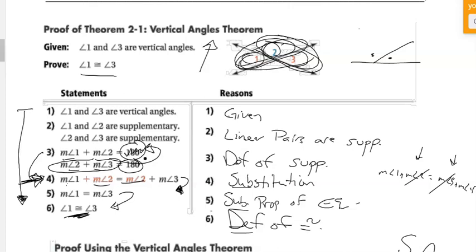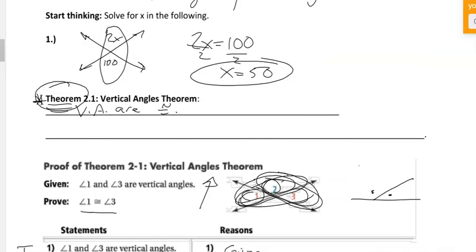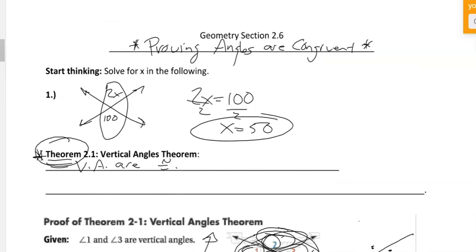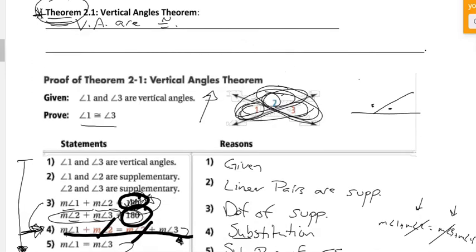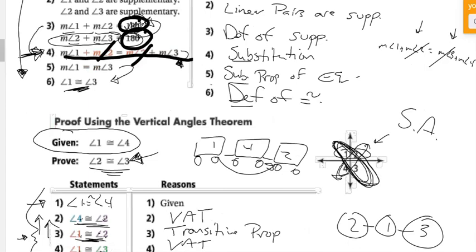A lot of times you're going to have two things equaling a number, and the reason you would do that is so that you can set them equal to one another and hope that you could cancel something out on both sides. So, once again, this was just proving that vertical angles were congruent and also doing more proofs. So hopefully that made sense. You could always rewind and rewatch this if you need some extra help. But there you go. Introduction to proofs.